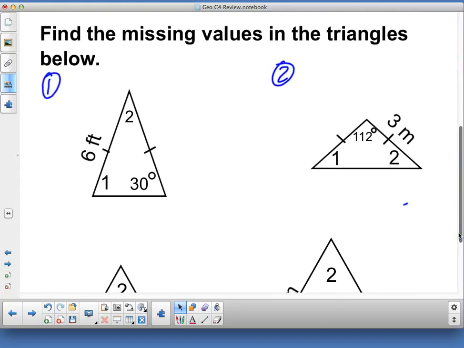Let's go 1 and 2. Find the missing measures of angles, please.